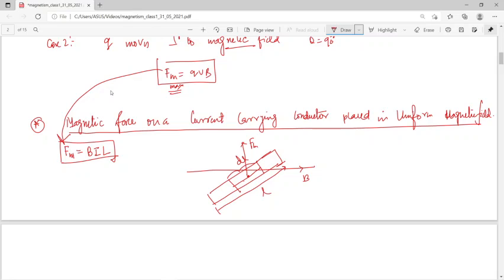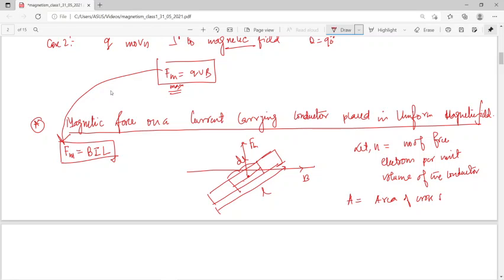Now we are considering, let n be the number of free electrons per unit volume of the conductor. And say A is taken as the area of cross section of the conductor.